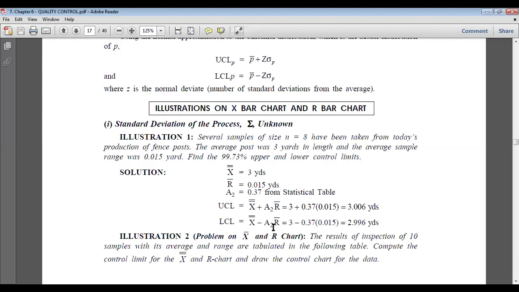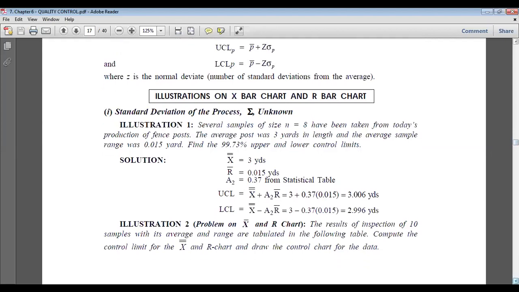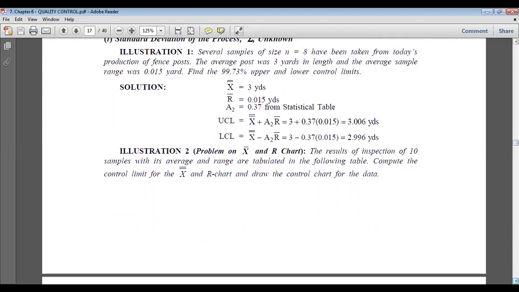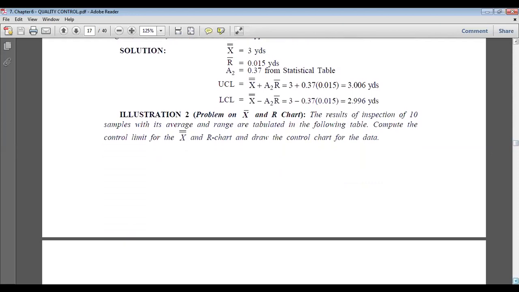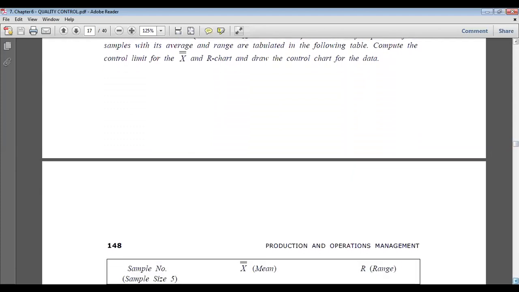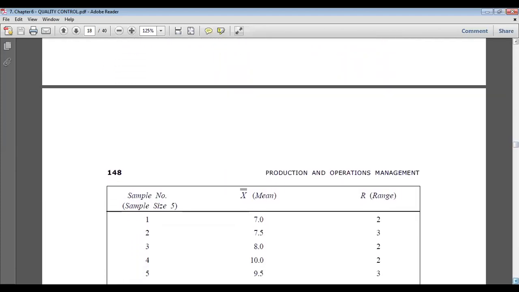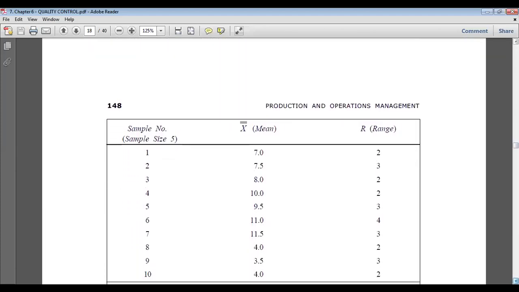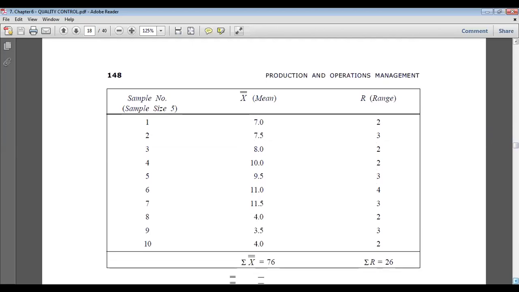Let's now plot all the samples that fall in between. These are the upper control limit 3.006 and the lower control limit 2.996. So we have calculated the upper and lower control limits. This is sample size 7, and these are the sample ranges given.